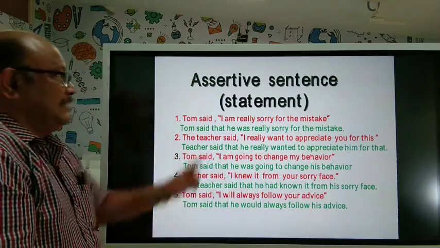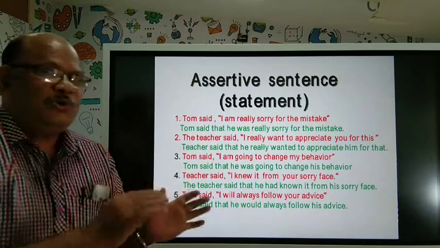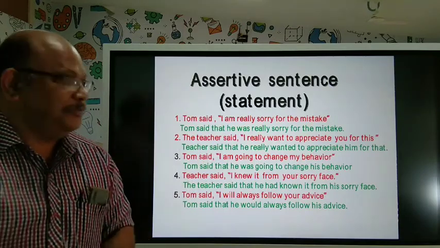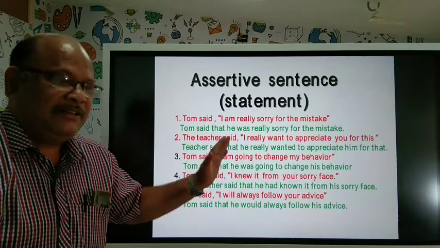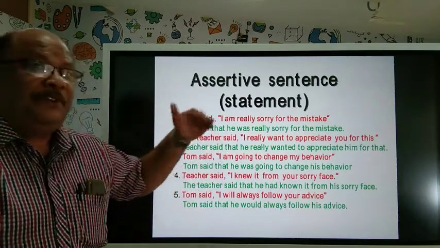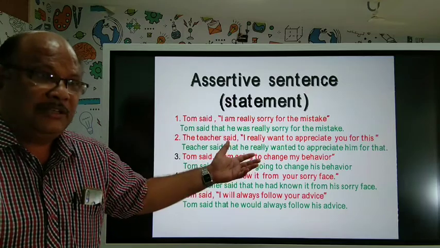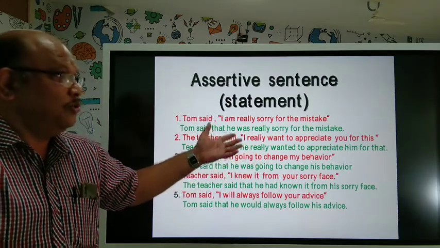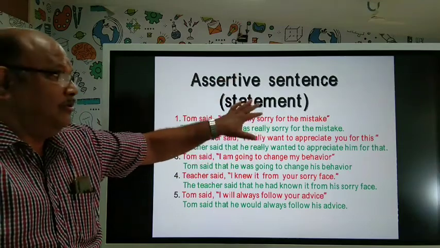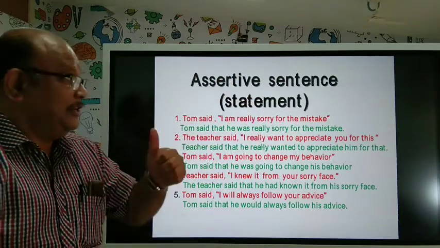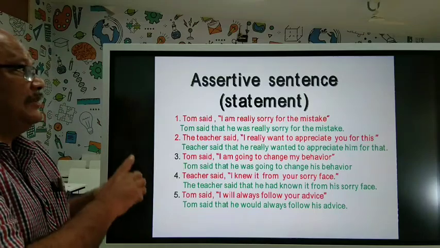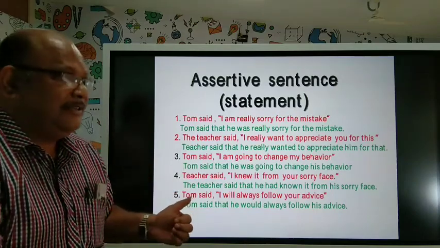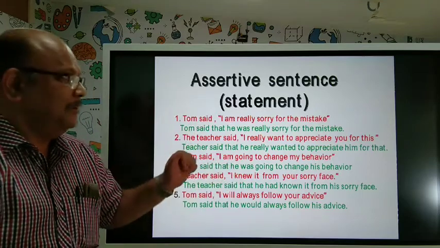Now let us see assertive sentence, statement. How to change an assertive sentence into indirect speech. Remember here that the previous rules that we have studied are applicable in all these kinds of sentences. When you transform an assertive sentence from direct to indirect, those rules are applicable.